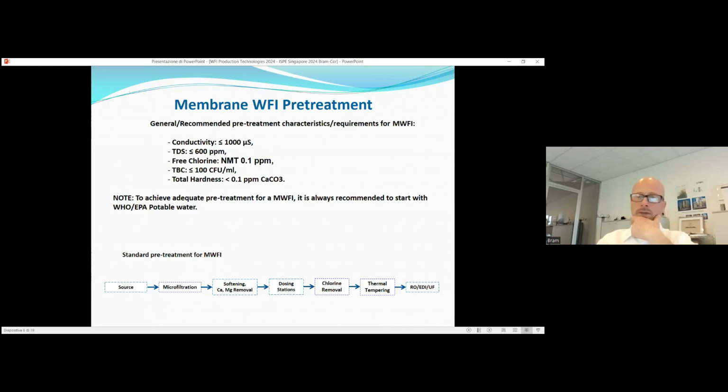One is sodium metabisulfite dosing, the other one is active carbons. Also in this case, it depends on the raw water analysis or the preference of the customer. Then thermal tempering, and then we have reverse osmosis, electrodeionizer, and ultrafiltration.